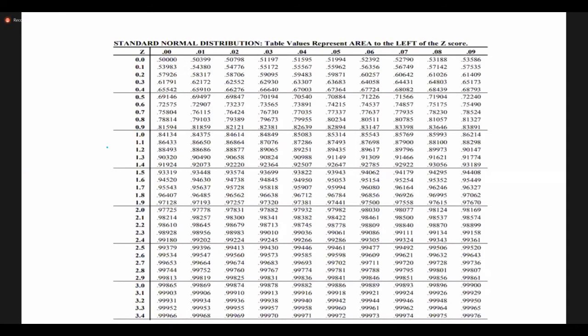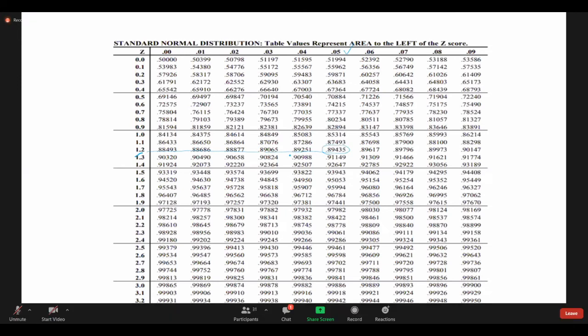Where is 1.2? 1.2 is here, and the next digit is 5, so in this column we look for 1.25. The intersection value is 0.89435.